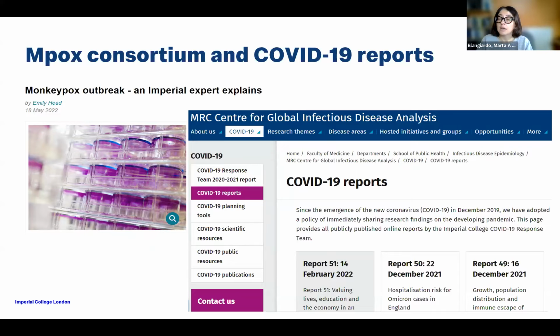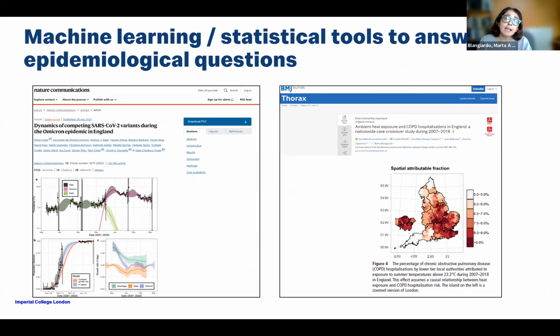Next slide, please. And then going back to what I was saying before, another aspect that we also focus on is the methodology to answer epidemiological and public health questions. And so we work a lot on machine learning and statistical methods. And you can see here a couple of examples. On the left is a machine learning method to try and track different SARS-CoV-2 variants during the Omicron pandemic.